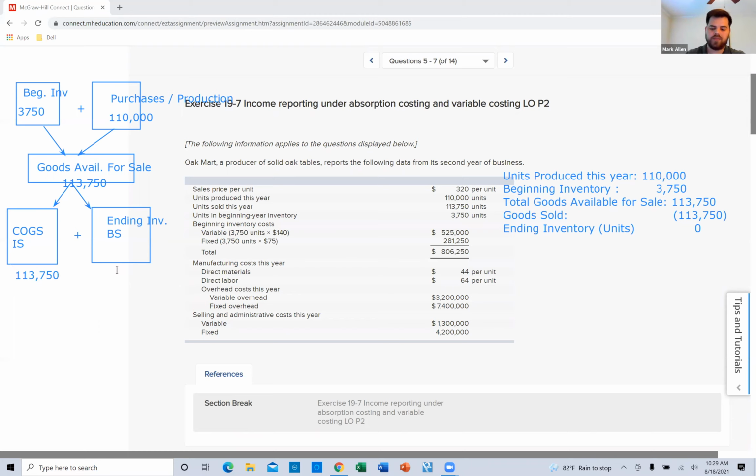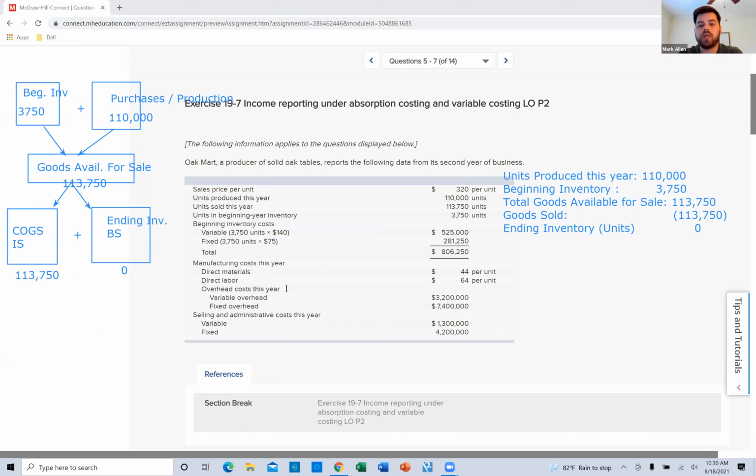And so of course that leaves nothing in ending inventory. So the point here is, I don't care how you think about this. If you really like that chart that we used back in 2301, pull it out again, use it again, right? I'm an extremely visual learner. For me, if I can see it in a picture, that makes it so much easier for me to remember than just seeing it in a formula, right?